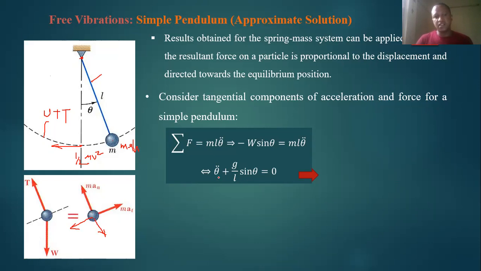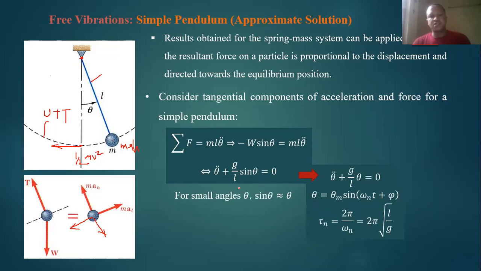So finally we get theta double dot plus g over L sin theta. Here this g over L is almost equivalent to the k over m in our equation of the linear system. So we consider a small theta, and for a small value of theta, we finally get this equation.